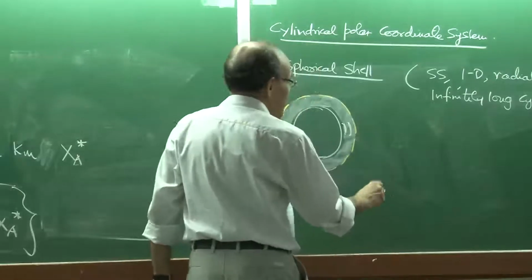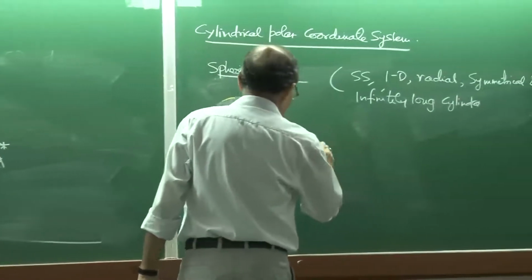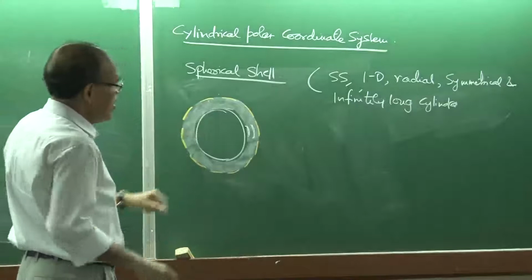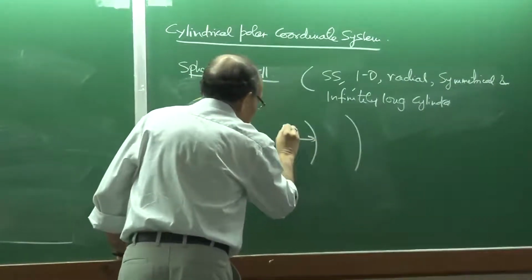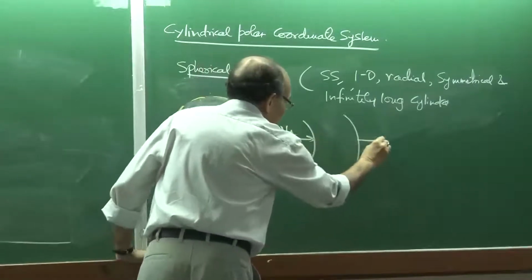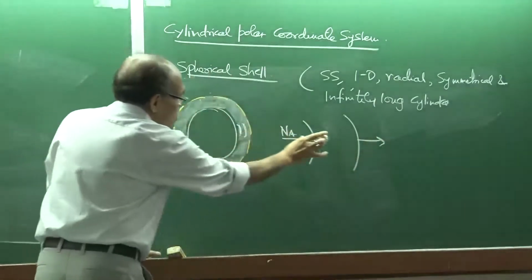So if you look at the surface area, then Na represents the radial flux. So if this is the, and then we have Na, and this is a spherical shell, an exaggerated spherical shell drawn here.